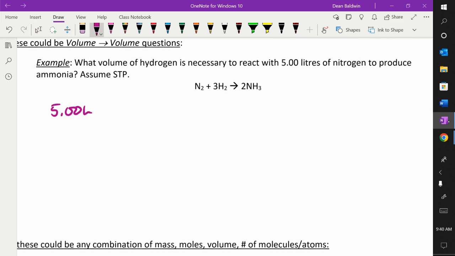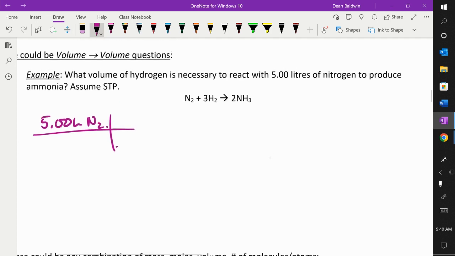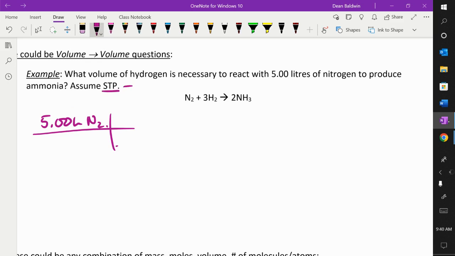So we've got 5.00 liters of nitrogen, N2. Do I want liters? What do we want? We want moles. We're dealing with gases. What is the conversion, or what's the units for gas conversions? Yes. As soon as you see STP, it means it's 22.4 liters per mole for gases.